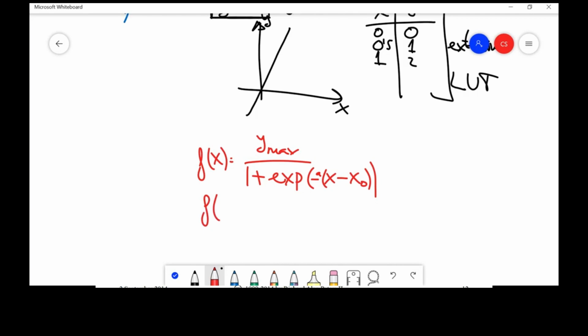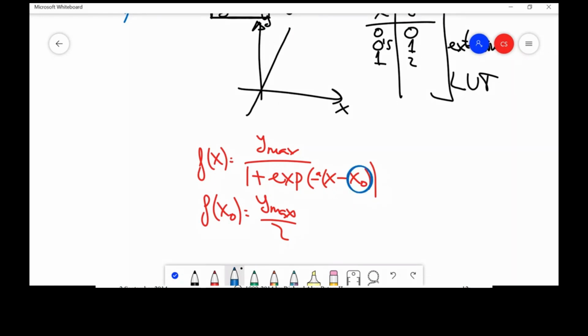So f of x0 is always y max divided by 2. So this is one of the important parameters.